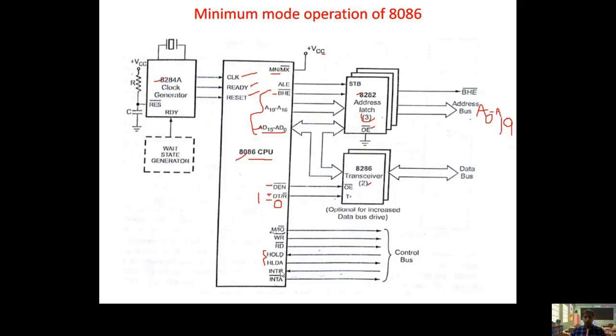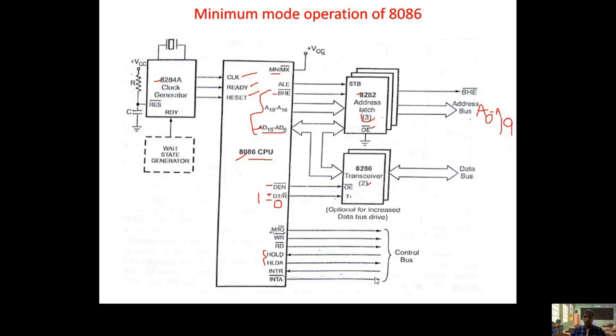Then INTA bar and INTR. These two are also for requesting the processor to execute instructions, with the help of interrupt request and interrupt acknowledgement. If an external device wants to execute its instructions with the help of the processor, it will give information to interrupt request. If the processor is ready, it will give interrupt acknowledgement.